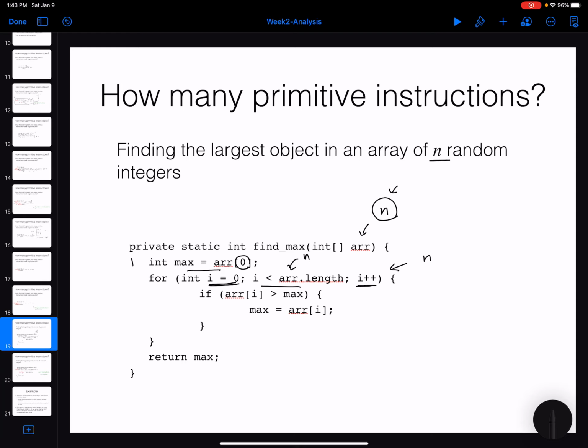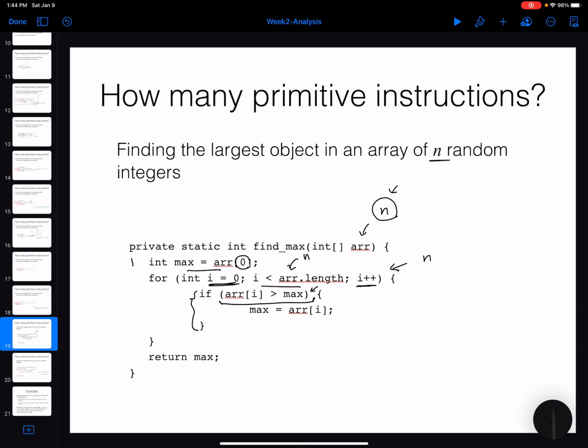One thing you haven't seen before is that I have an if statement here. The if condition itself is a comparison. It is a simple instruction and it is a primitive instruction.